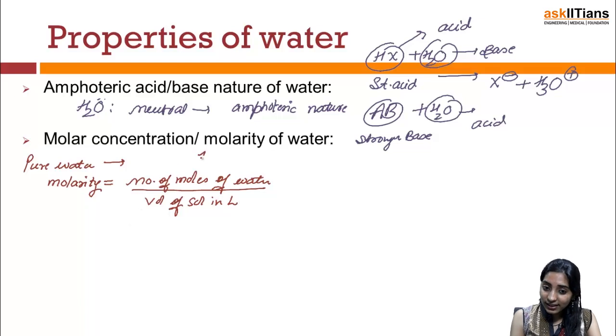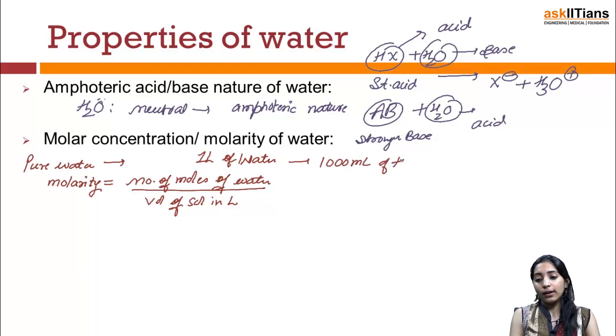So if I am considering just 1 liter of water, that means I am considering 1000 ml of water. Let me take the density of water as 1 gram per ml at 25 degrees Celsius, so this means 1000 grams of water.